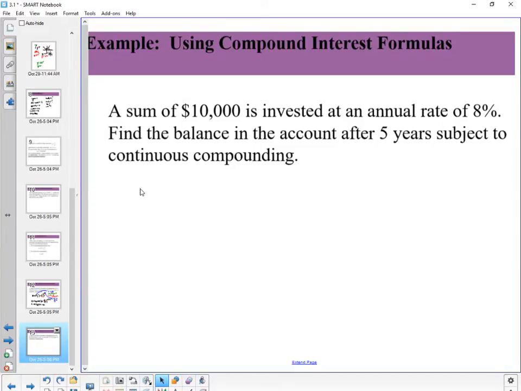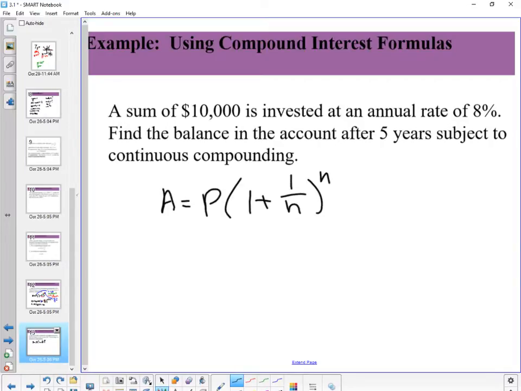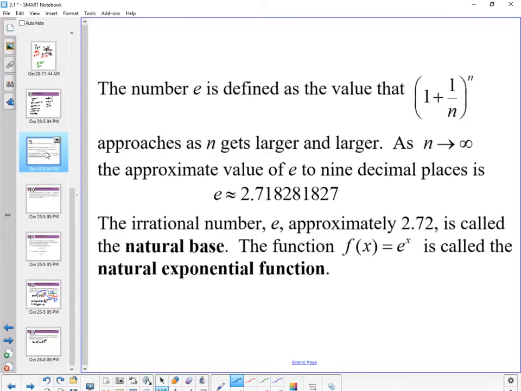So here they want you to do it for continuous compounding. Now, you guys do it the easy way, and I'll do it the other way. What was it, 1 over n to the... is it nt? It's RT this time. It's PE to the RT.